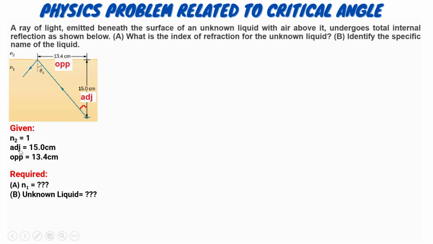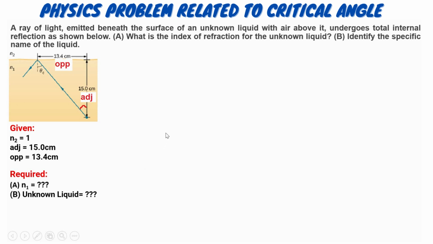The adjacent side is 15.0 cm, and the opposite side is 13.4 cm. For the required, we need to calculate first the index of refraction for the unknown liquid, and for letter B, we must identify the specific name of the unknown liquid.